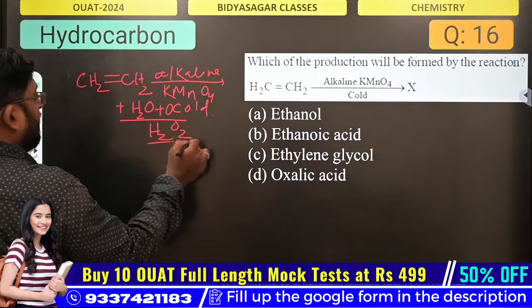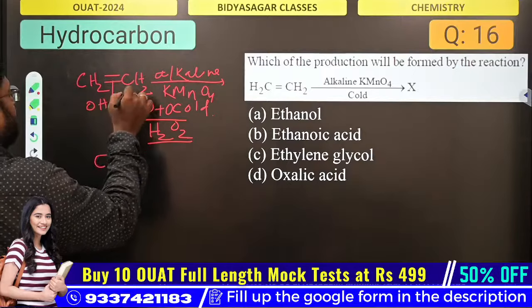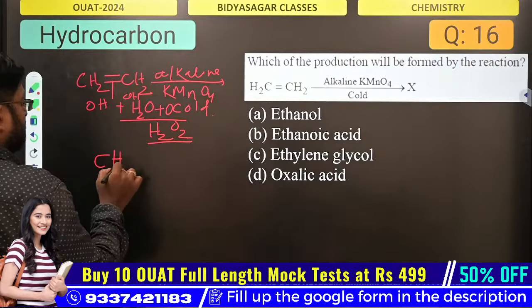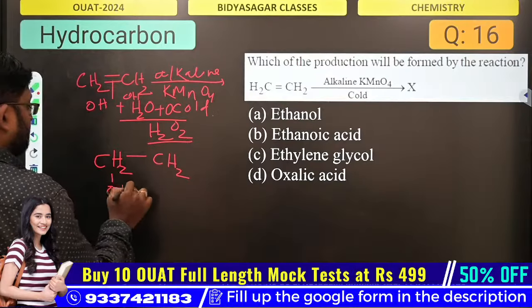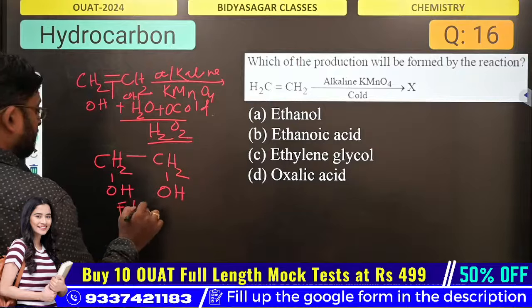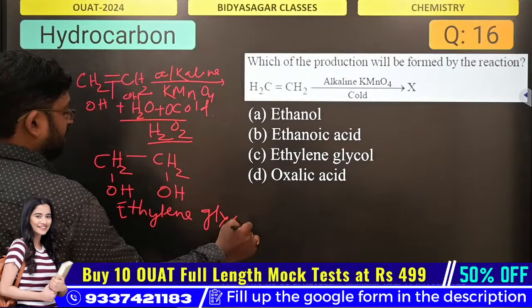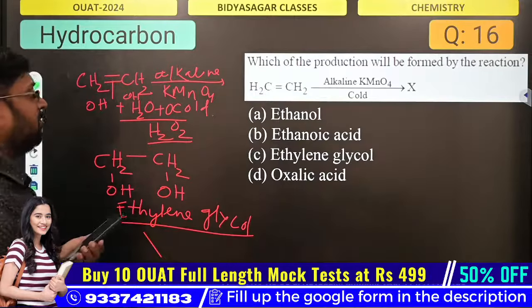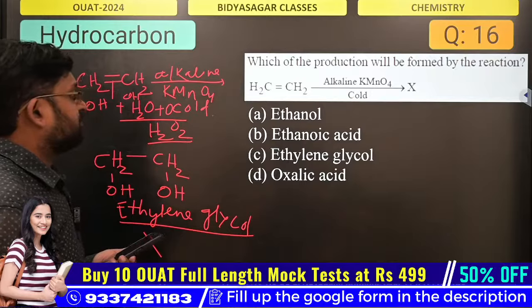It will give you OH groups, added to the double bonded carbon atoms. So one OH group on this side and one OH group on that side. It will give you ethylene glycol. So this is the product.